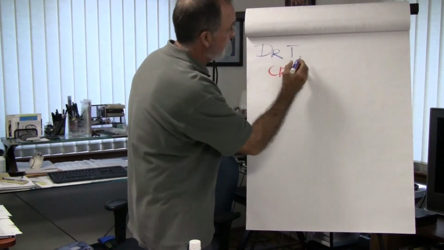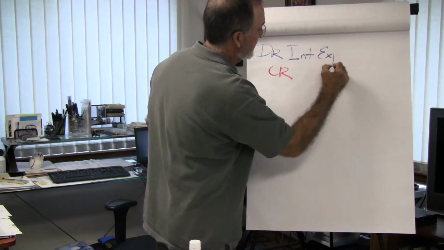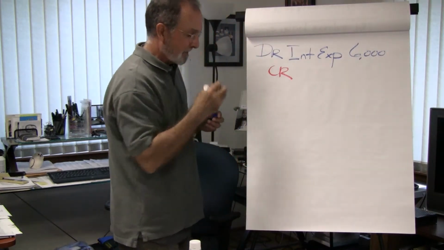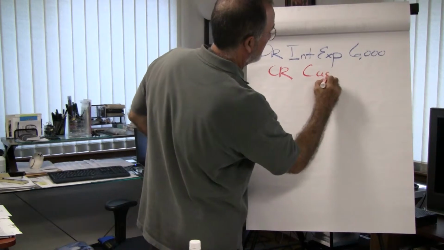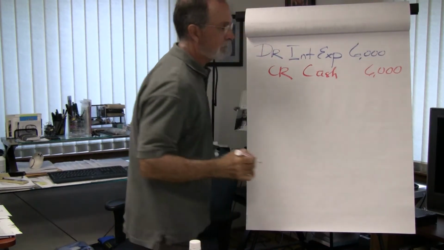And so our interest will be recorded as interest expense, and that amount would be $6,000. And of course, our credit for the payment would be to cash, also for $6,000.